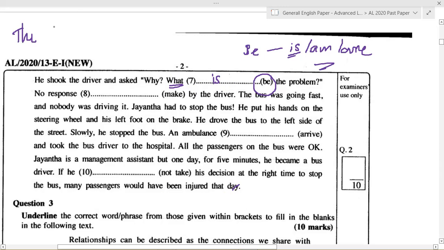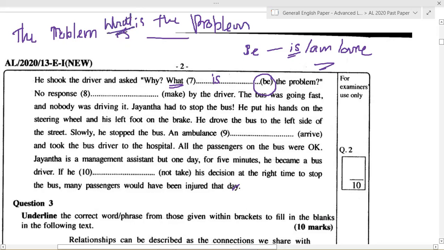The problem means singular, we don't know what the problem is. Then what we're going to do is convert this into a question. Is the problem... මොකක්ද ප්‍රශ්න කියන්නේ what දාන ප්‍රශ්නවාචී පදේ.